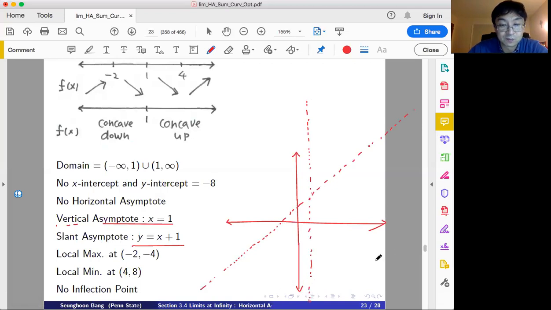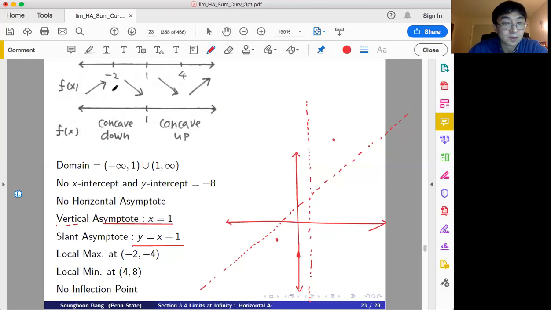So like this. Next you plot: we don't have an x-intercept, the y-intercept is negative 8. This is negative 8. You plug in negative 2 and negative 4, local maximum. Then negative 2, this is negative 1, 2 is here. So like this. We have local minimum 4 and 8. So 4 and 8. We have it.